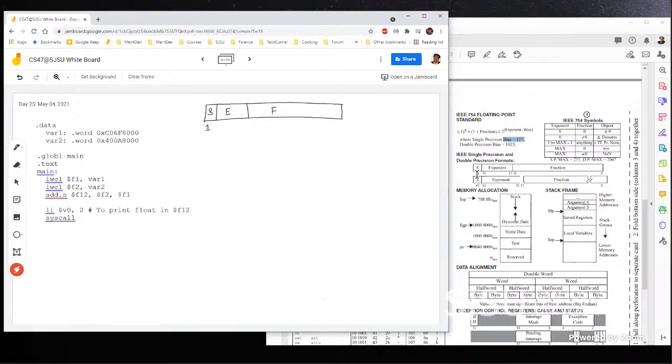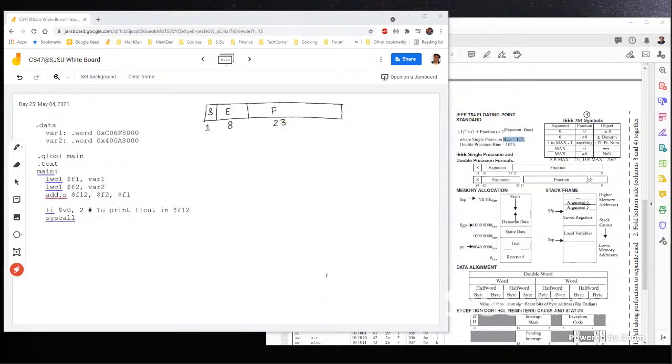The 31st bit, the 32nd bit, is your sign bit. From bit 23 to 30 is your exponent, which is 8 bits. And the rest of them are the fraction, which is 23 bits, bits 0 to 22.